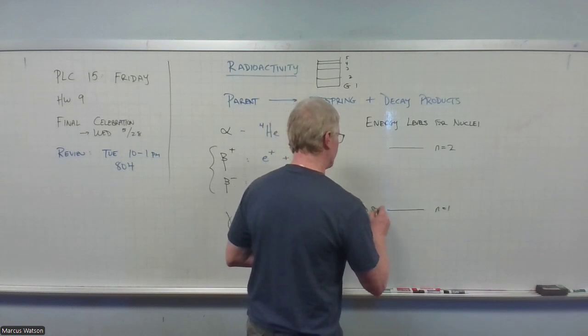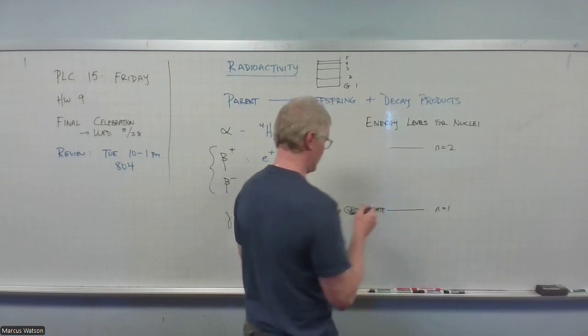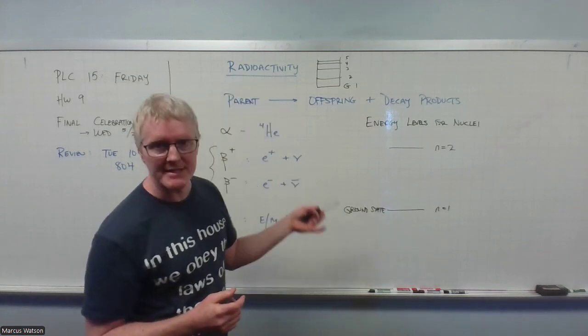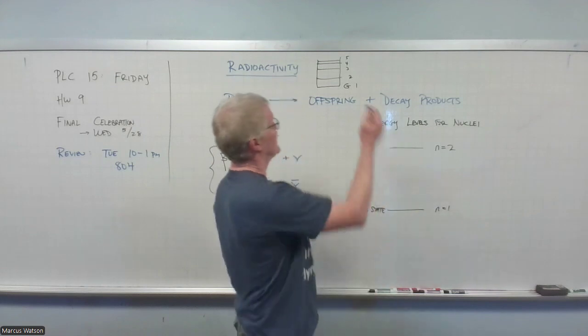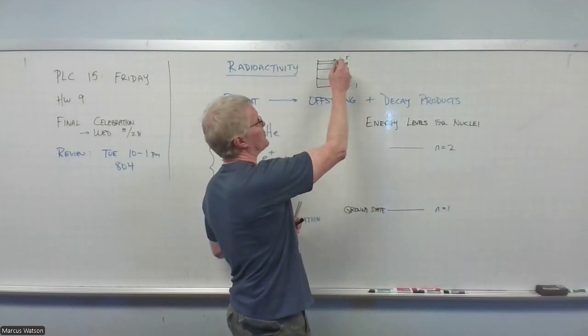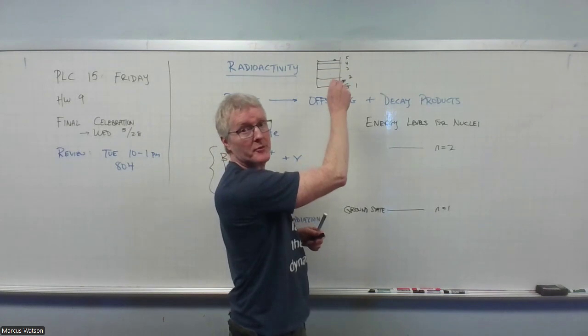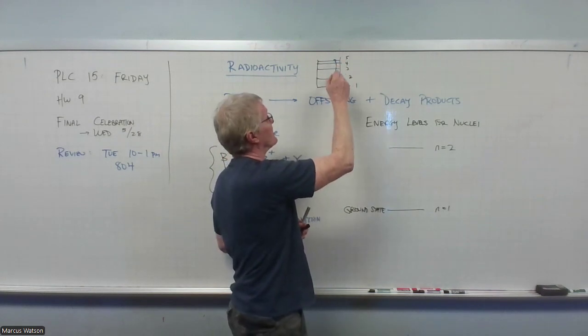And if a nucleus undergoes a transition from an excited state to a ground state, it emits a gamma, just as a photon would be emitted when an electron dropped from, say, here to here.